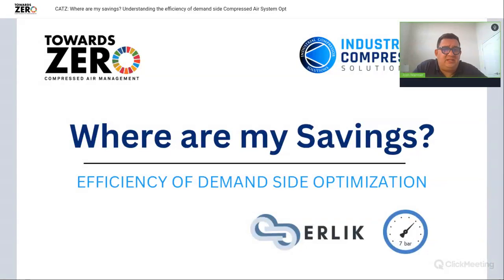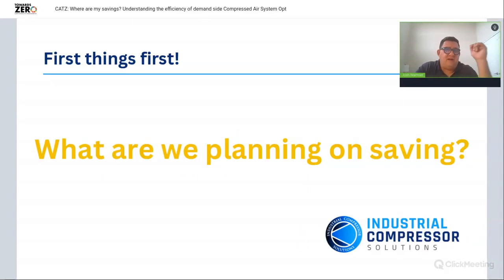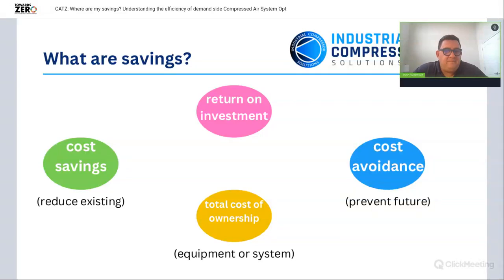So, where are my savings? Let's start off by saying, what are savings? Let's get on the same page, with the understanding that I am not an accountant, but I just want to give a basic representation of some of the different terms that we hear when we're talking to our customers. Cost savings versus cost avoidance.